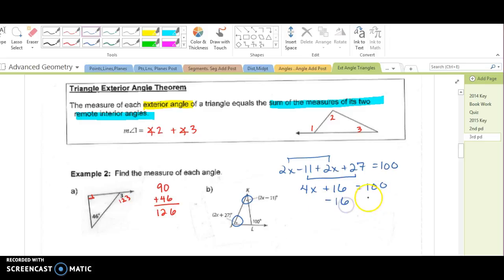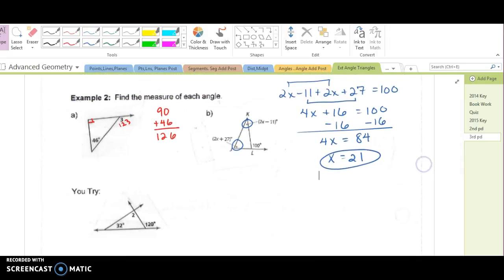Subtract 16 from both sides. So that's going to be 84. So 4x equals 84, and x is 21, when I divide 4 into 84.